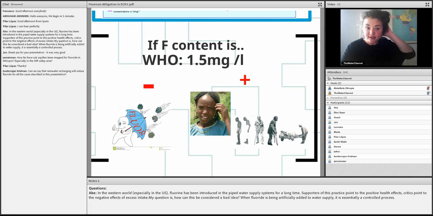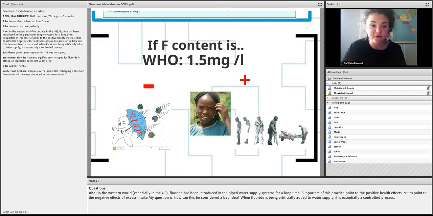So as I said before, fluoride is present in nature in a high quantity, and under certain conditions in surface and groundwater it can also be toxic for a human being.